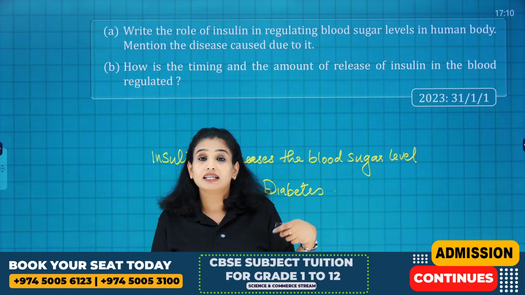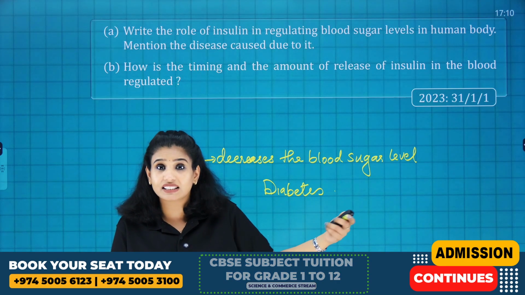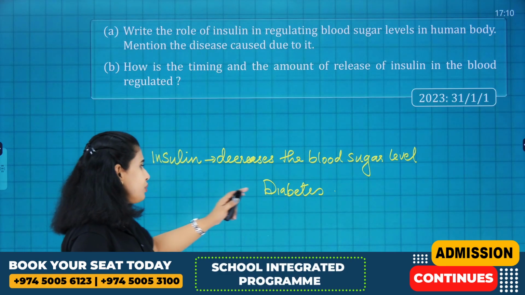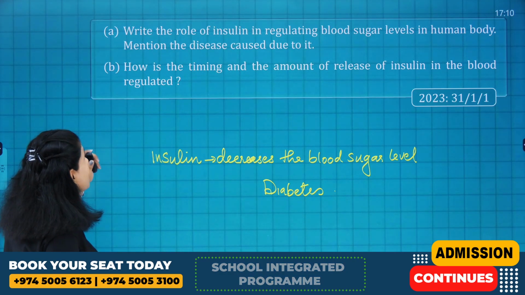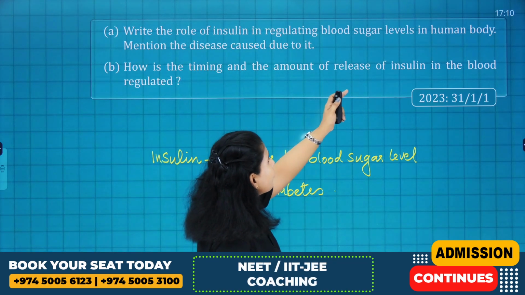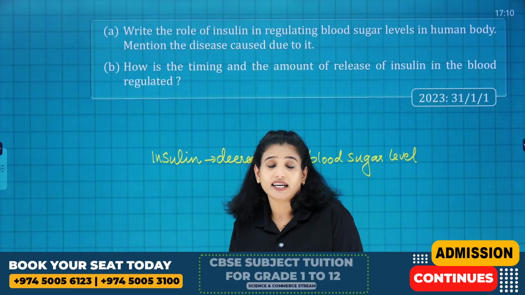When the sugar level in the body goes high and is released out through urine, that condition is called diabetes mellitus. So you have to mention the disease diabetes, and the amount of release of insulin in the blood regulated.